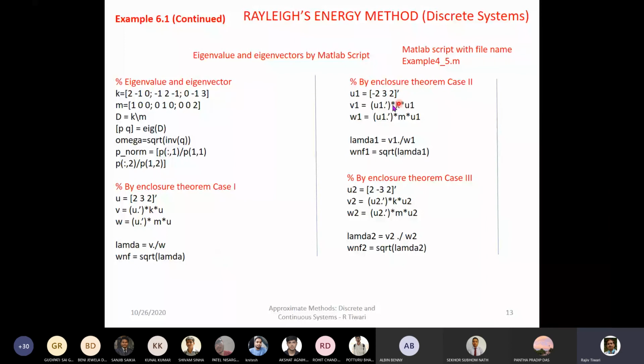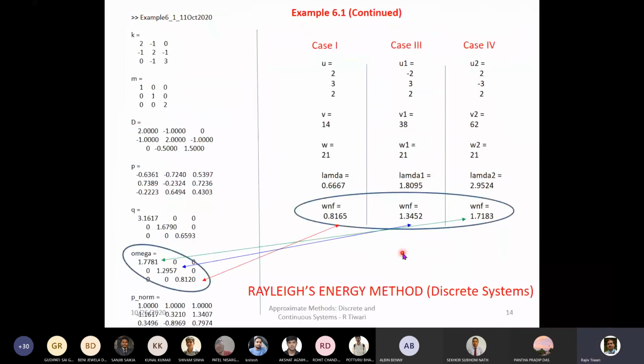Similarly we can try out different eigenvectors like -2, 3, 2, -3, 2. These repetitive calculations can be done here. We get directly all the calculations like the stiffness matrix, the mass matrix, and this D matrix which you define as the eigenvectors first, second, third.